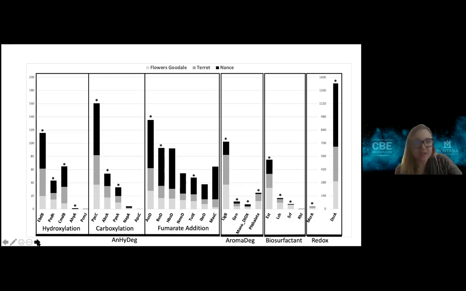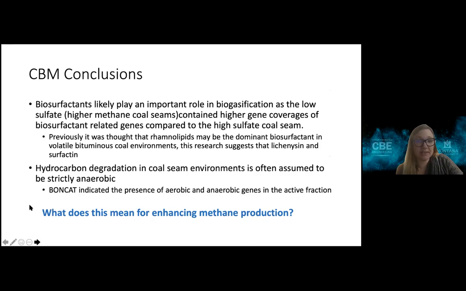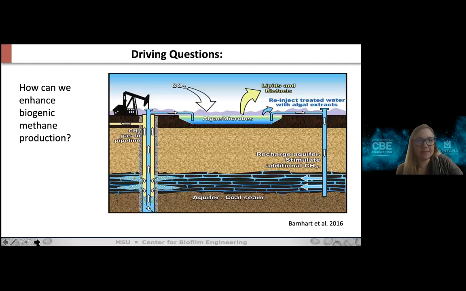But what we're showing from our data is the presence in the active fraction of aerobic degradation genes and anaerobic degradation genes. So an outstanding question that we have is, is oxygen actually involved in some way in methane production? We don't know. That needs further investigation, but it was an interesting finding.